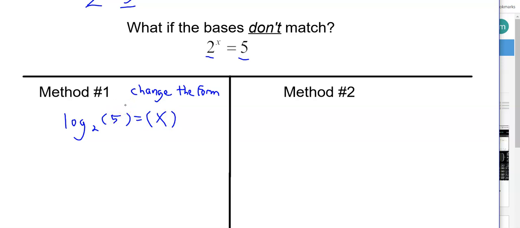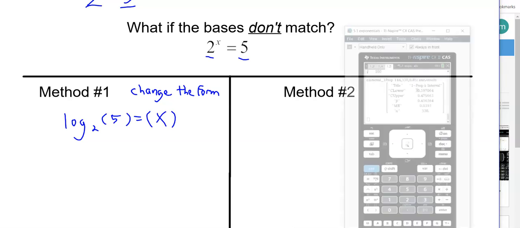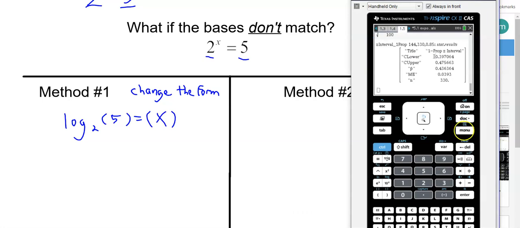If this was a no calculator test, what is x? x is log base 2 of 5. If this is the calculator portion of the test, you would hit log, that's control 10 to the x, base 2 of 5.